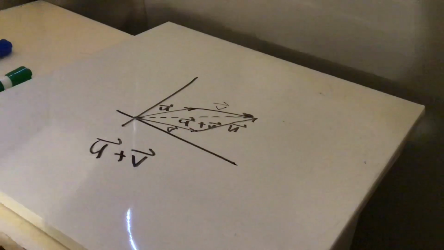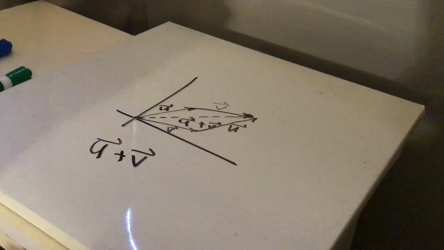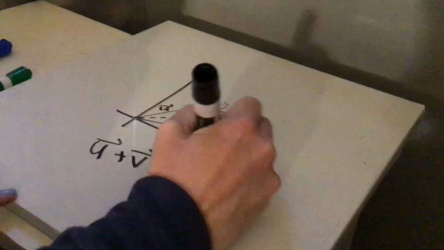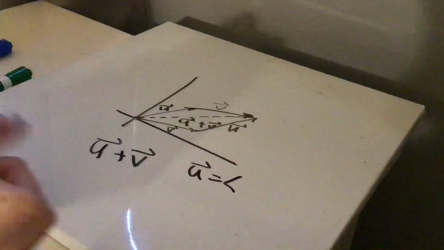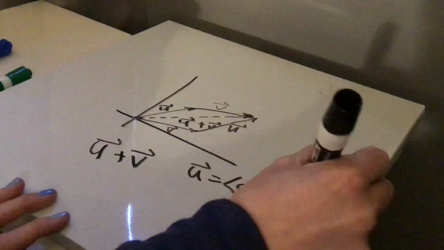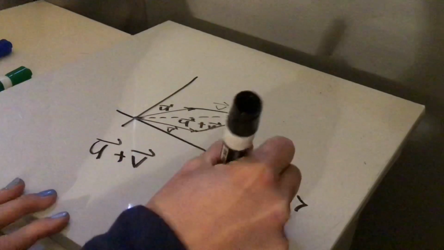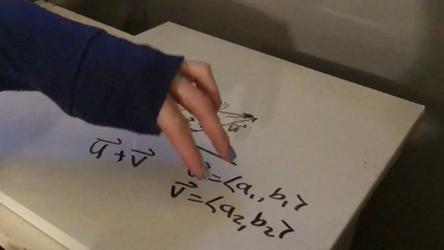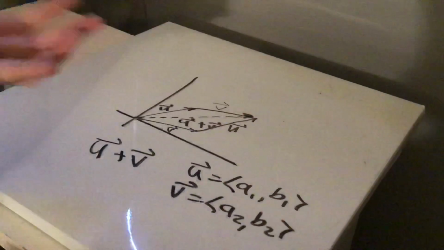You can also add vectors algebraically. To do that, vector U in component form would be, say, ⟨a1, b1⟩, and vector V in component form would be ⟨a2, b2⟩. To add them, you simply add your x coordinates and add your y coordinates.